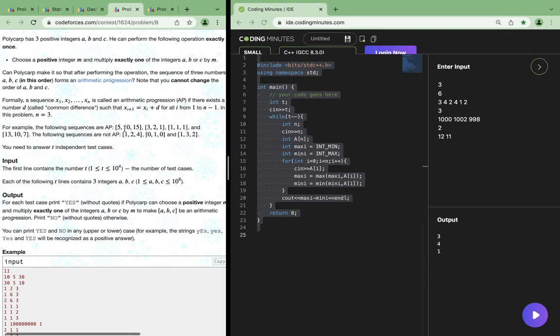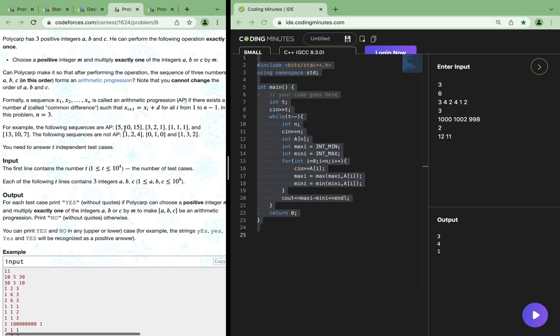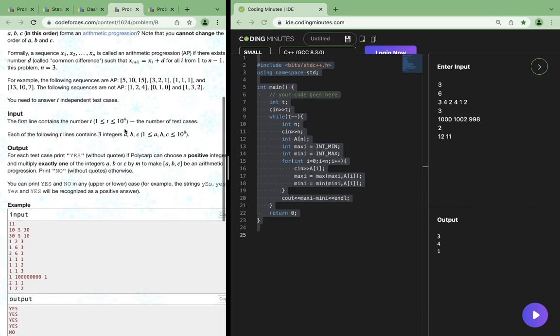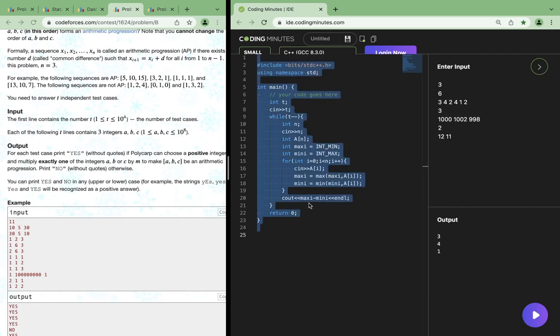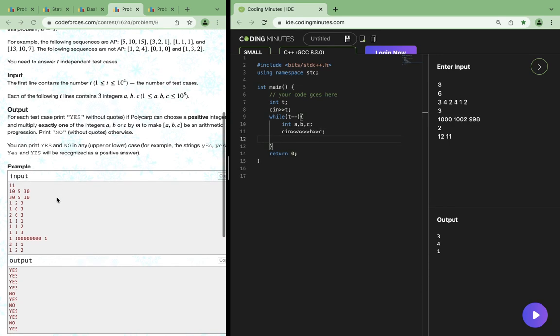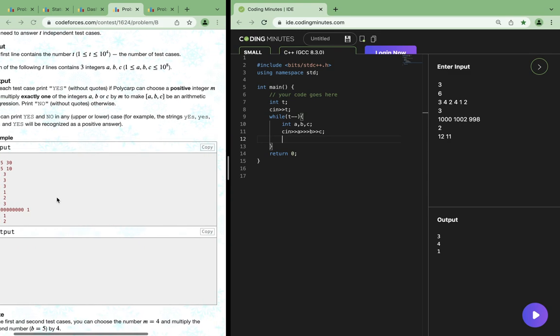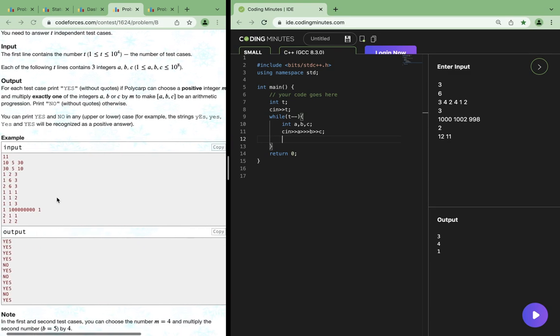Not change the order. If there exists a number d. For example, this answer t independent cases a, b, and c. So int a, b, c, same a b c, and then yes, if you can choose a positive integer m and multiply exactly one of the integers.